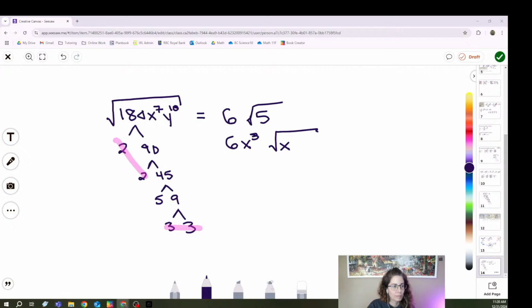We have y10, so what does that put on the outside and the inside? 5 on the outside, okay. And nothing on the inside? Perfect. Okay, so there we go. That is going to a mixed radical.